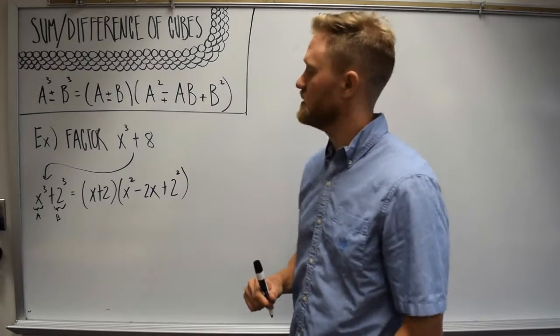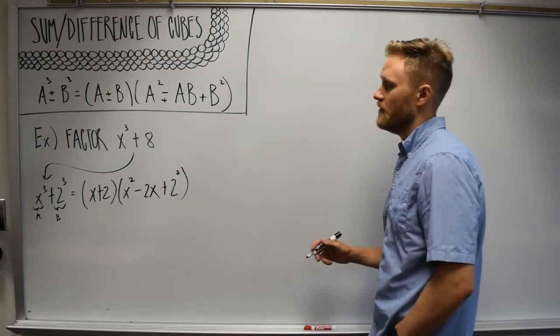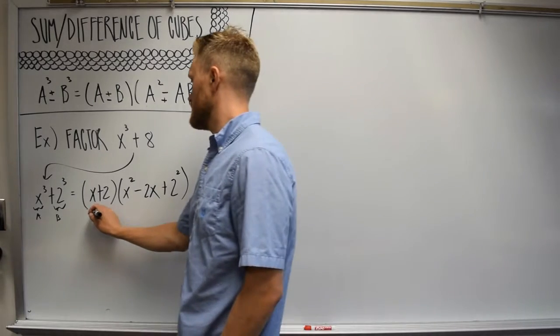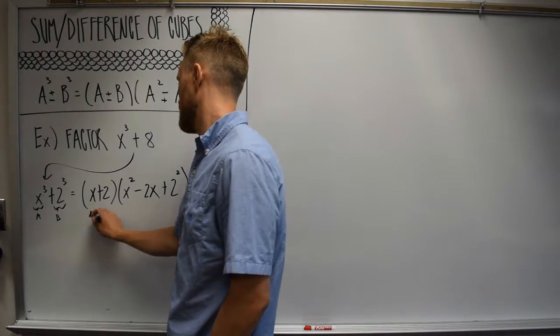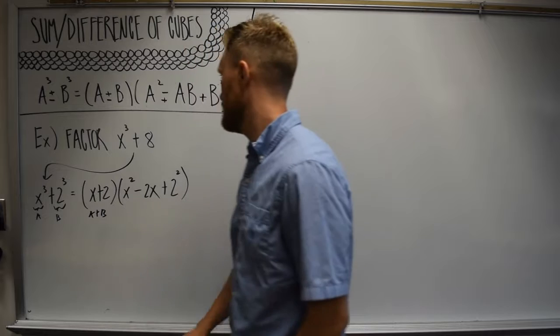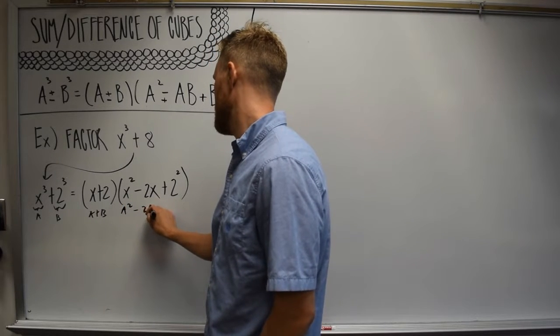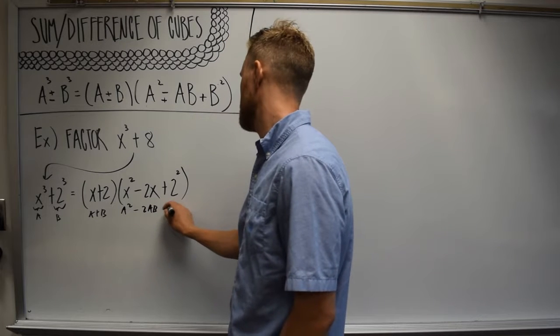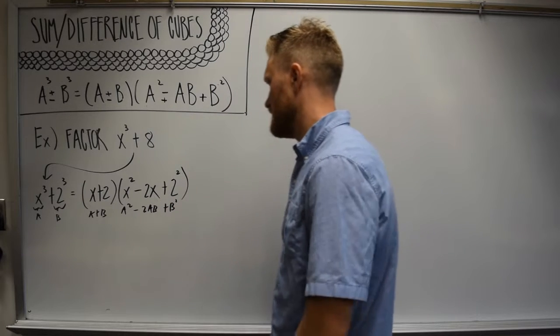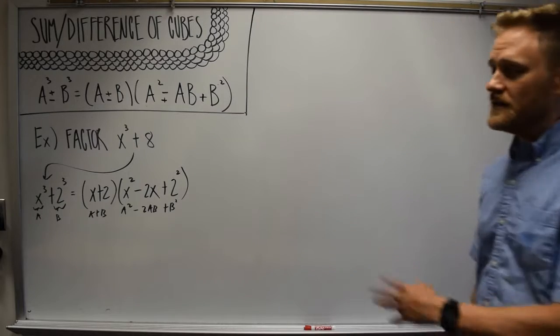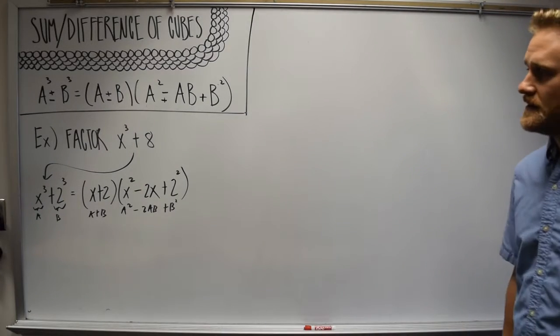So we'll just rewrite that as 4 if we want to. Now, this is our a plus b. This is our a squared minus ab, and then plus b squared. So that's one way to do it if you know the formula.